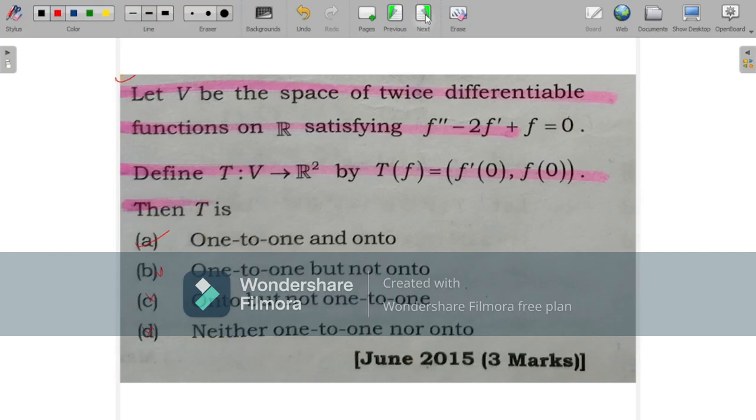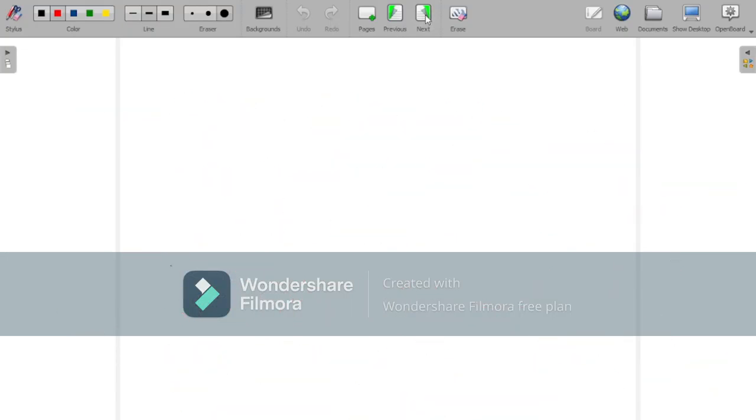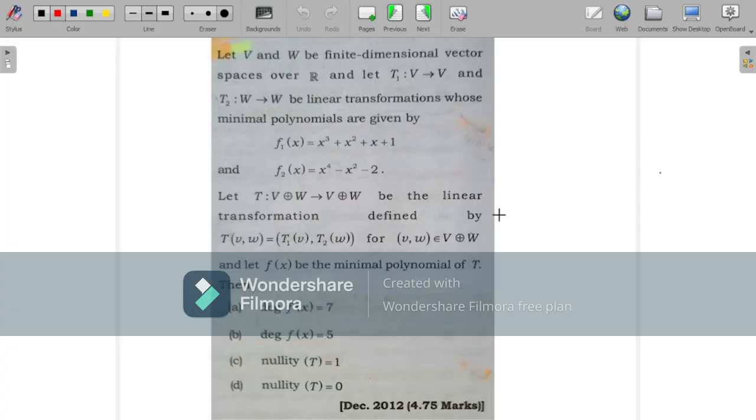Now the next problem is: let V and W be finite dimensional vector spaces over R and let T1 from vector space V to V and T2 from vector space W to W be linear transformations whose minimal polynomials are given by f1(x) and f2(x).